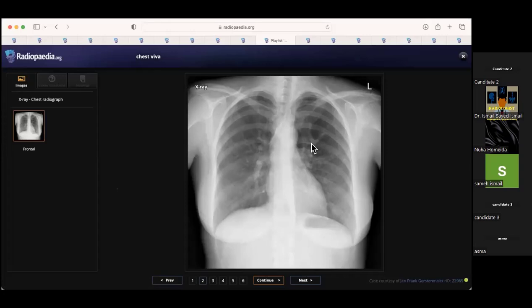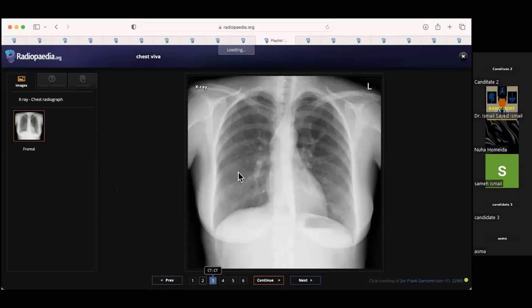Okay, so whenever you see a hyperlucent lung, you need to think, the lung volume is maintained. Can you see any surgical changes? Could it be part of a pneumonectomy? But there is no previous evidence of surgery, and the lung volume is maintained. So what else could it be? So shall I give you a CT?